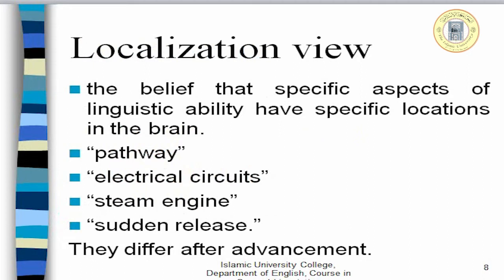Now, the localization view. This view can be defined as the belief that specific aspects of linguistic ability have specific locations in the brain. With the advancement of knowledge, or with much more evidence that scientists or linguists have got, new names or new terms are given to this view.